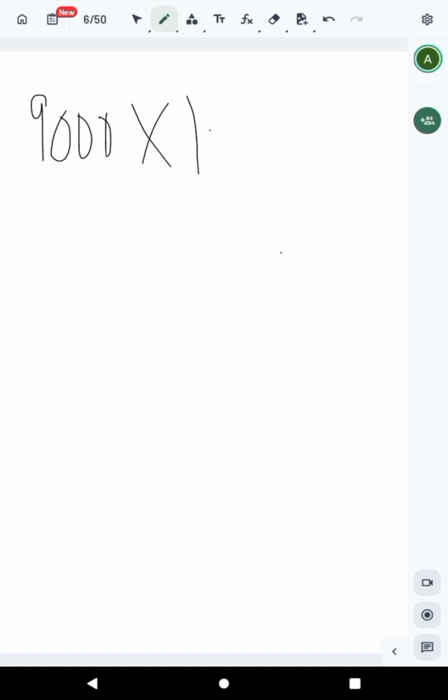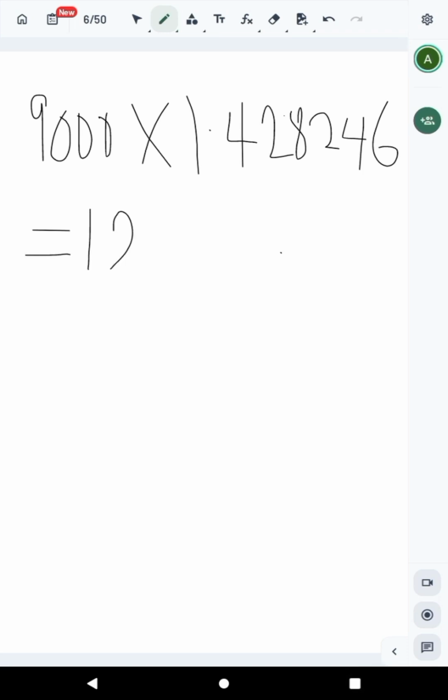So it's going to be 9,000 times 1.42824. If you multiply it here, it is equal to 12,854.22.